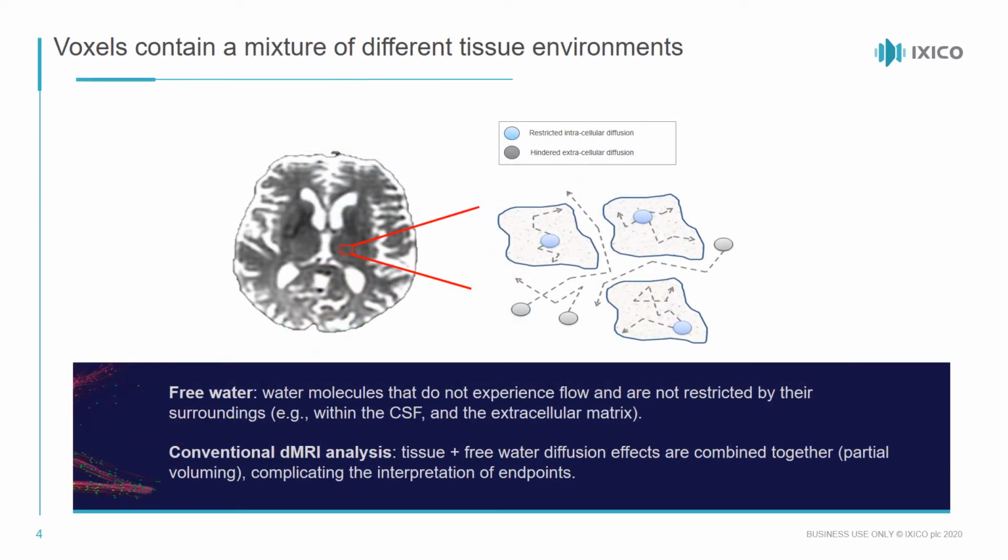Now, something that's often pointed out is that diffusion MRI is a wonderfully sensitive technique, but it's not overly specific. You may well find notable changes in brain diffusion between experimental groups, but without strong prior knowledge it's very difficult to pinpoint exactly what biological process could be driving that change.